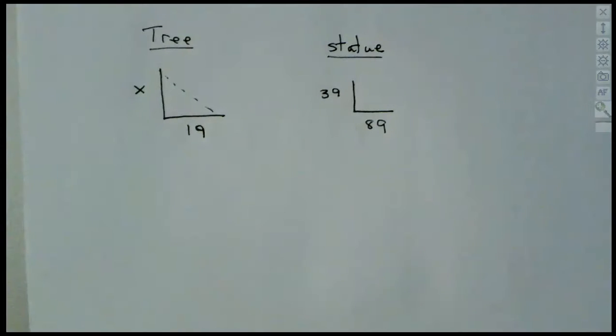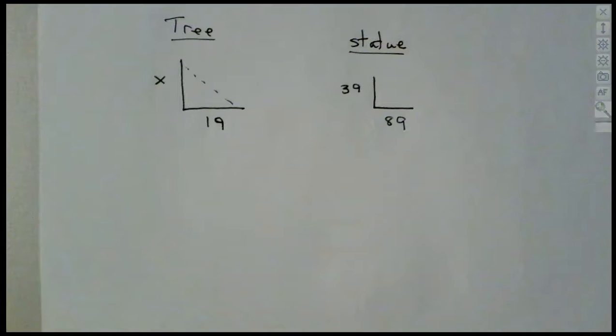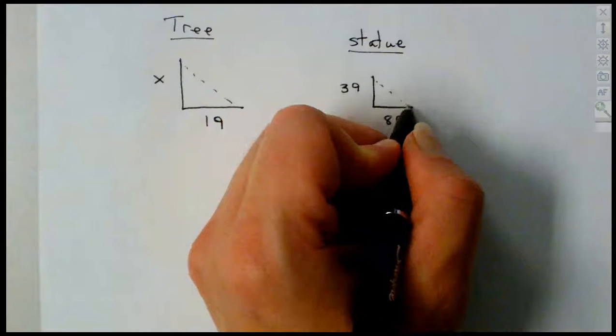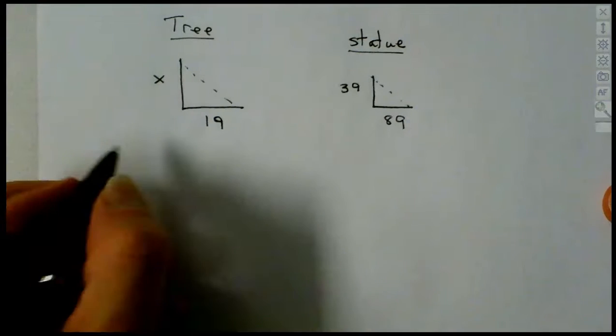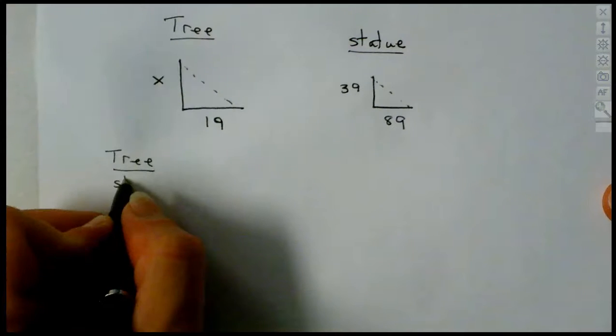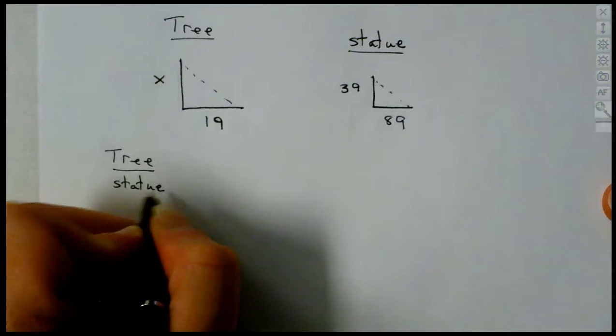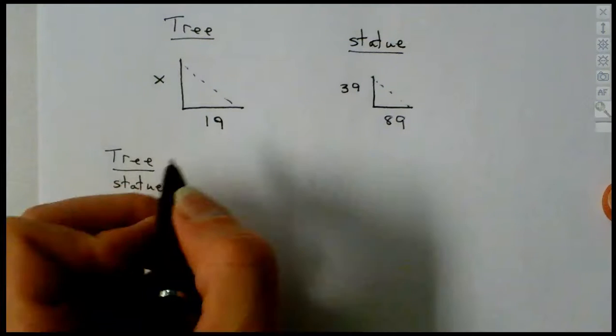Okay, so the shadow cast by a 39 centimeter tall statue, which is here, is 89 centimeters here. So these are going to be set up as our ratio. And let's look at it as the tree over the statue. And we'll look at the height, and then we'll look at the shadow.